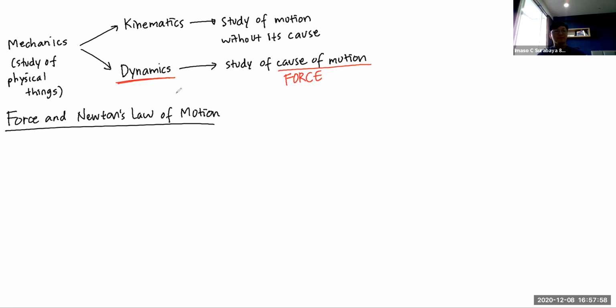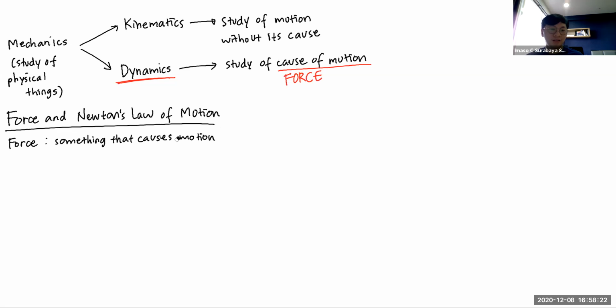Force is the cause of motion. So it is something that causes motion. But this is not an accurate definition of force.